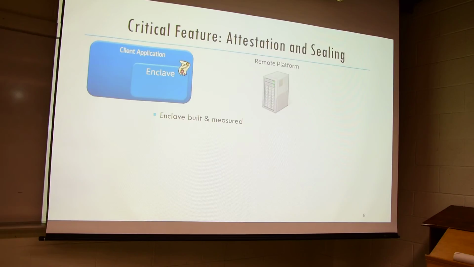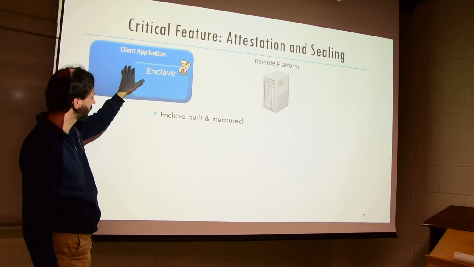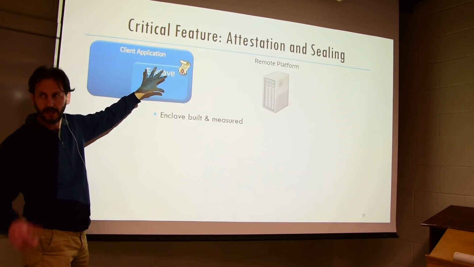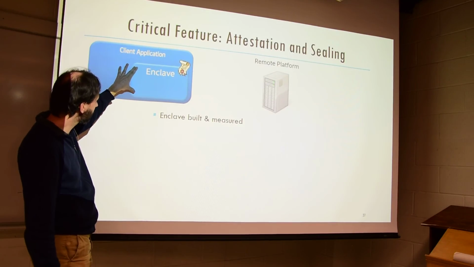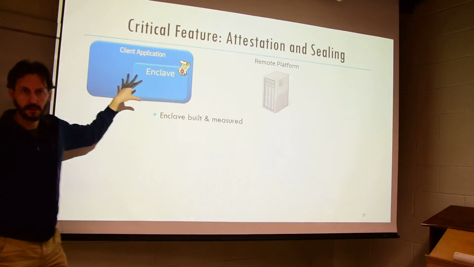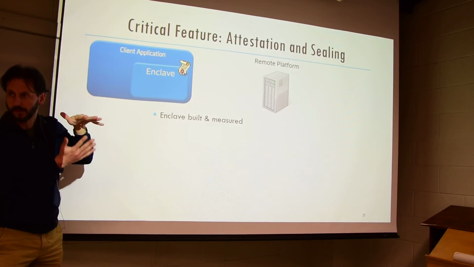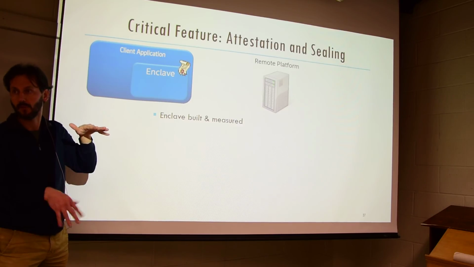Say I have a certain critical code, then I want to build an enclave, put my code in it, and the data required in it. And now I would like to measure that. What does that mean? It simply means that I take all of the pages, all of the stuff that builds up that enclave, and I hash it one by one and add it together.